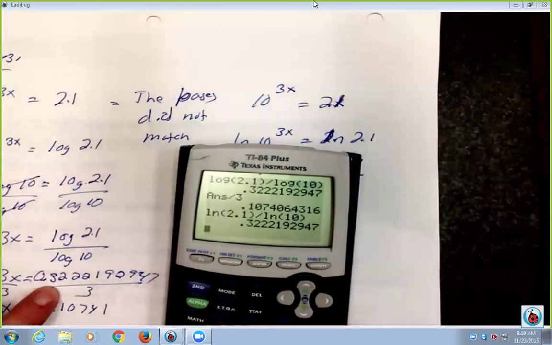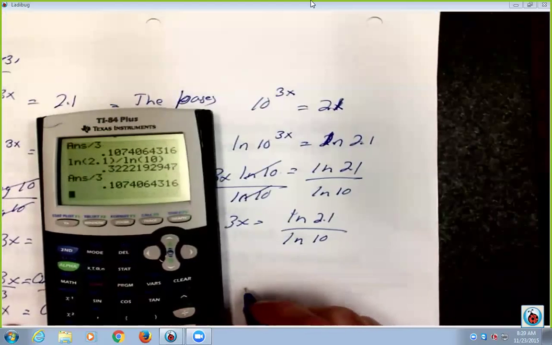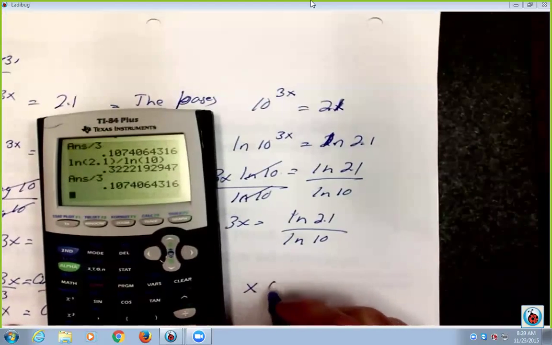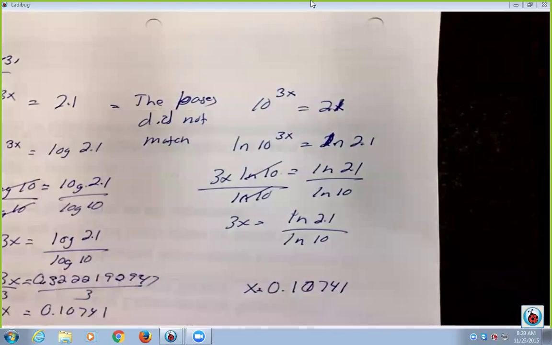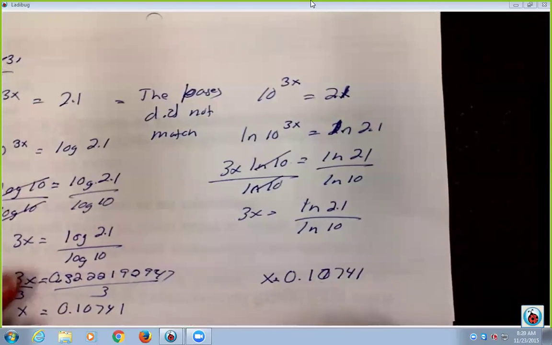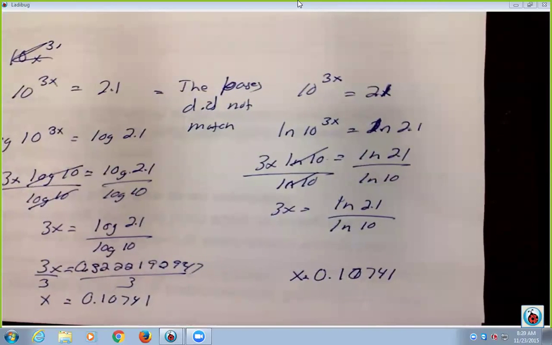Notice it's exactly the same. Okay, so then if I divide that by 3, I will find out that x is equal to 0.10741, which is exactly the same answer. So whether you use natural logs or you use logs, you're good to go.